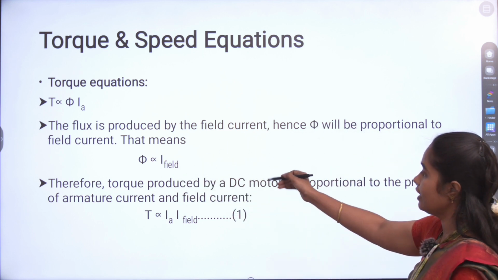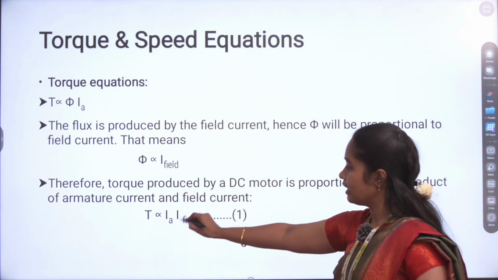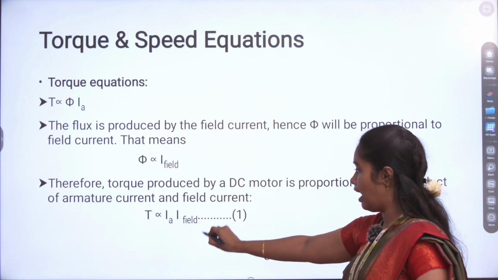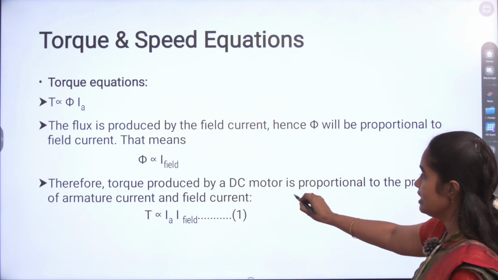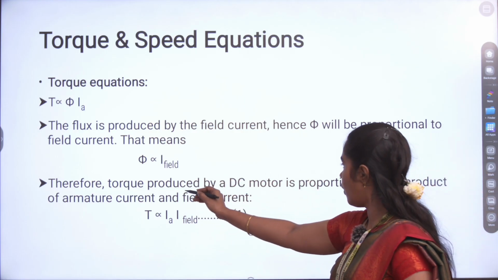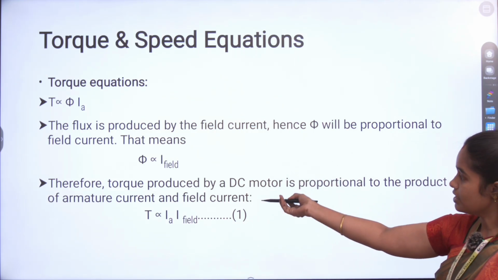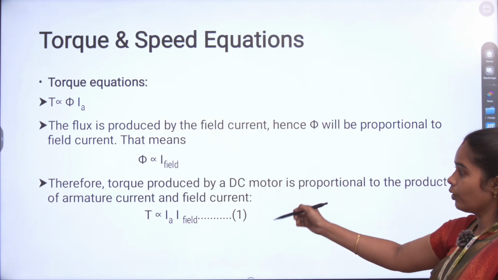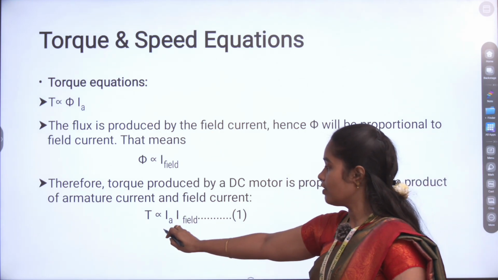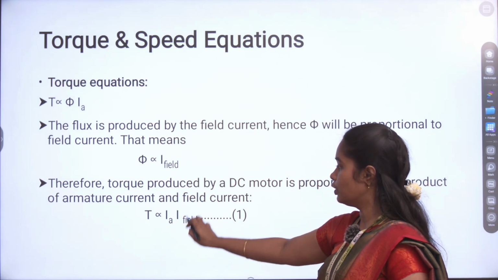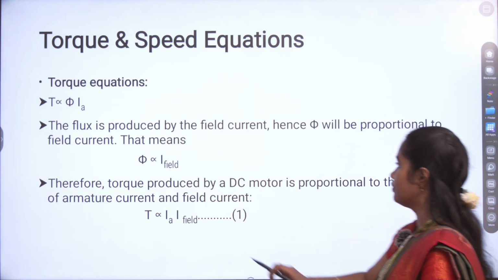So I rewrite the equation as T directly proportional to Ia If. That means in a DC motor, the produced torque is directly proportional to the product of armature current and field current.